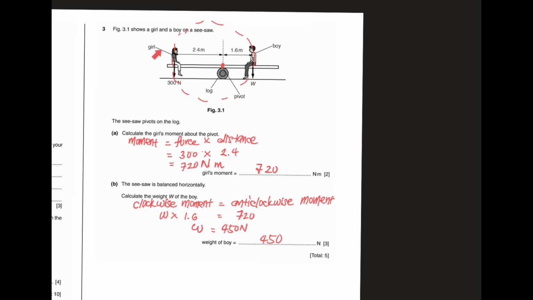So the boy is clockwise. Whereas the girl, going down from this side, turns this way, so this is anti-clockwise. You have to imagine it that way, taking the pivot as the center of the clock. So I call this anti-clockwise, and this one clockwise.